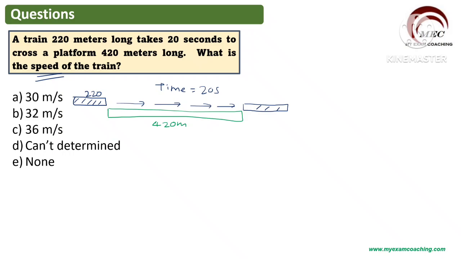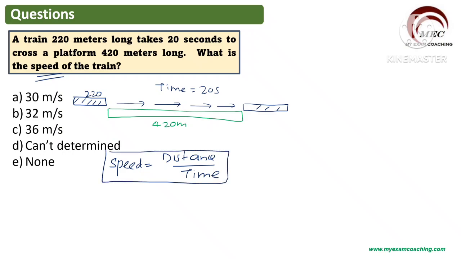Now I'll tell you, speed is given by the formula we have seen. Speed is equal to distance upon time. This is a very important formula. Now we should know what is the distance and what is the time. So here, when the train reaches here, it covers the full area up to here, and when the back of the train reaches here, the front will reach here.